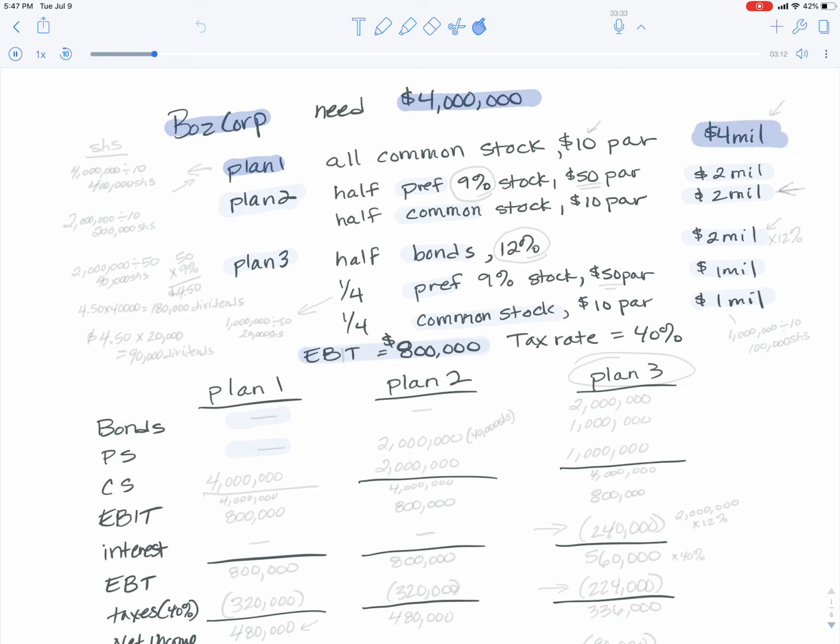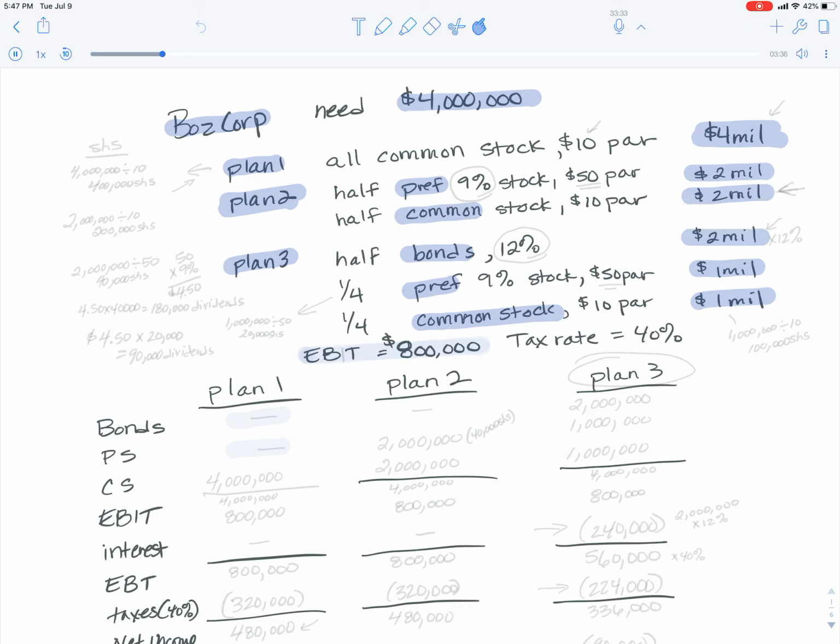That's $4 million. Plan 2, we'll raise $2 million using preferred stock and the other $2 million using common stock. And plan 3, we raise $2 million of it with bonds, $1 million of it with preferred stock, and $1 million of it with common stock.